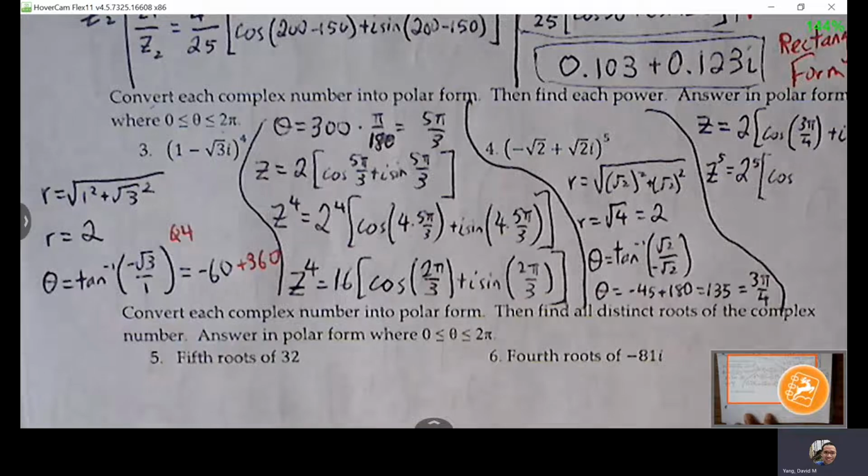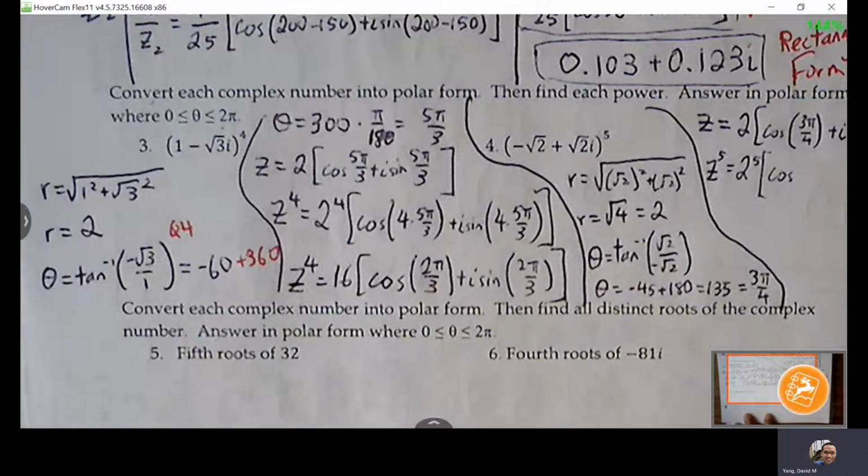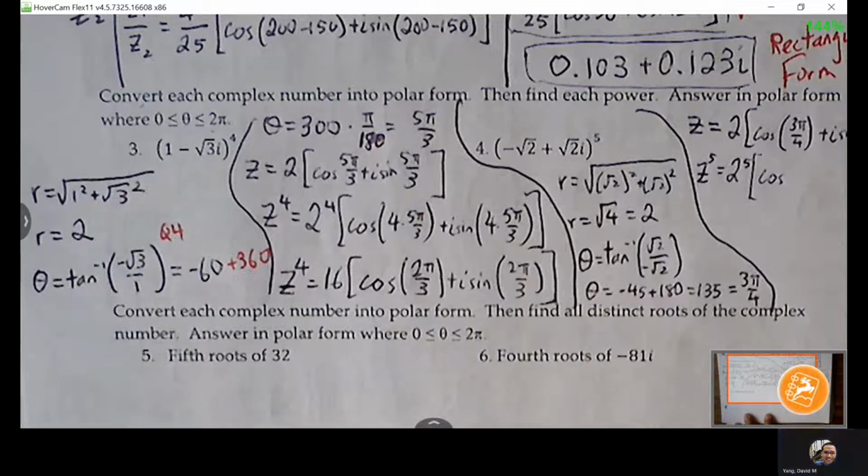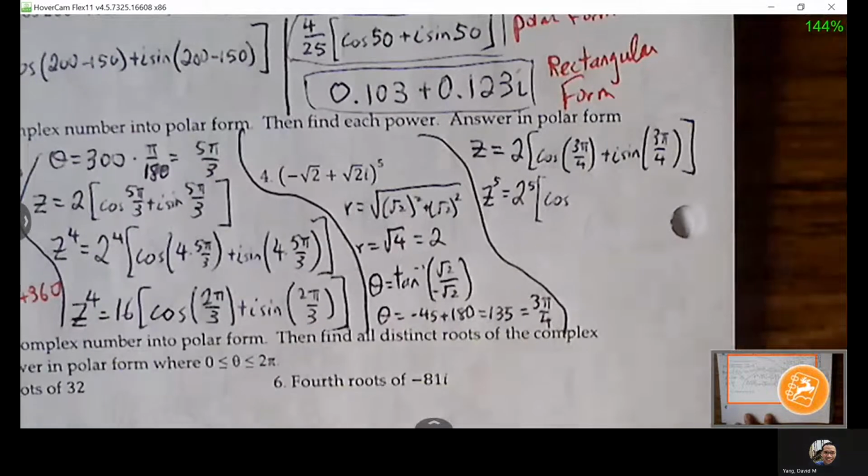Everybody okay with number 3? Okay, so here's number 4. I'm not finished with it yet, but this is what I have so far.